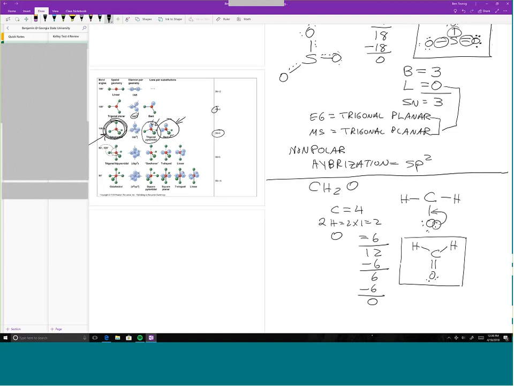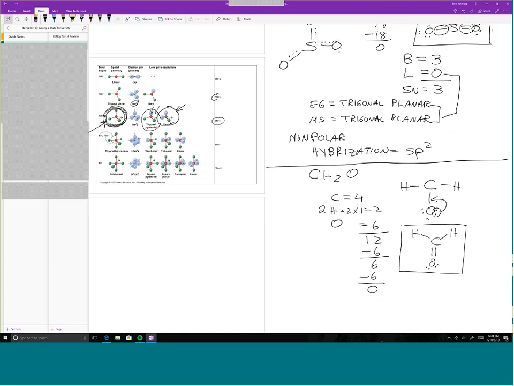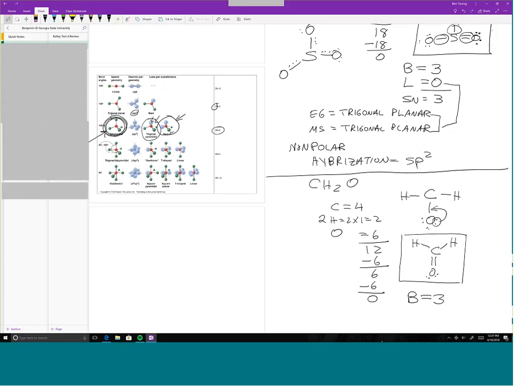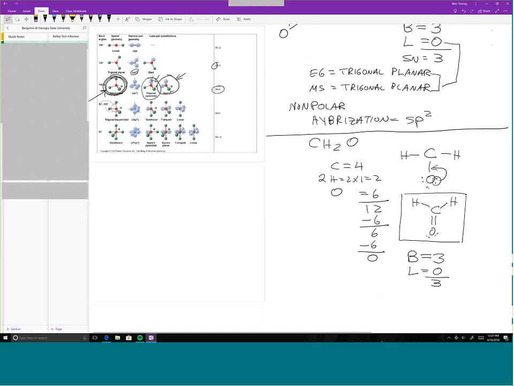Okay, let's get going on the metrics. B, the bonding regions, is 3, just like in SO3 a minute ago. Lone pair on the center atom is 0, so it's 3. The electronic geometry is trigonal planar, just like in SO3.